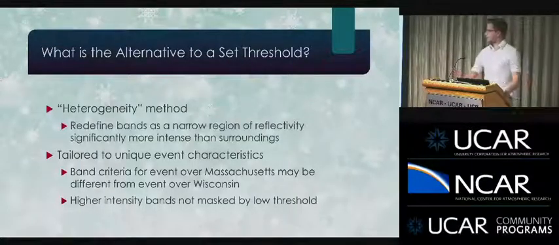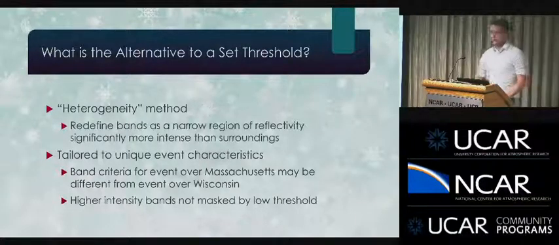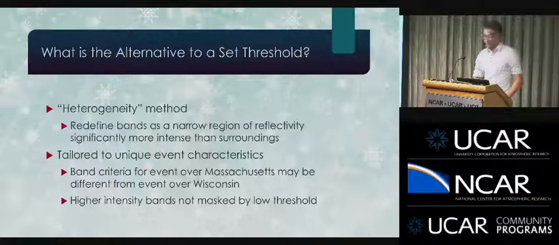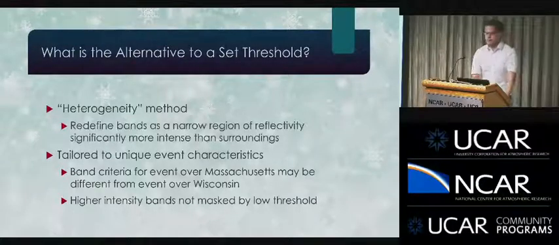As an alternative, we developed this heterogeneity method, which is basically redefining bands as a narrow region of reflectivity that's significantly more intense than its surroundings. This has the benefit of tailoring the threshold to unique event characteristics. So the band criteria for an event over Massachusetts, for example, may be different from an event over Wisconsin.